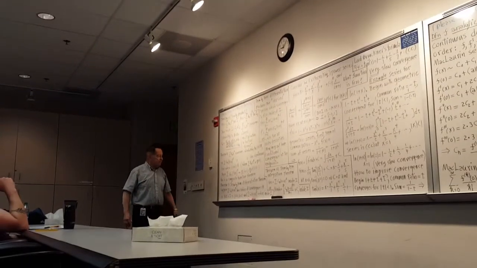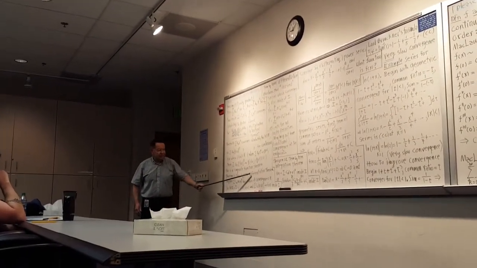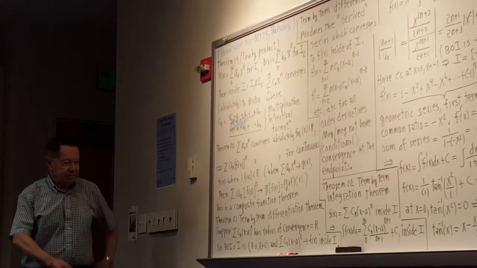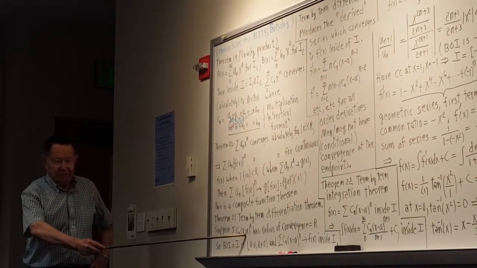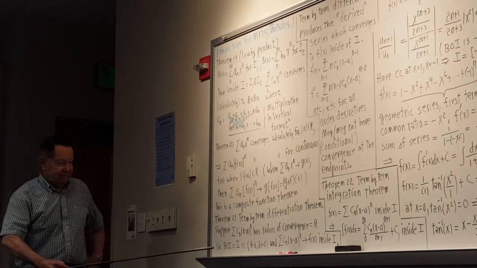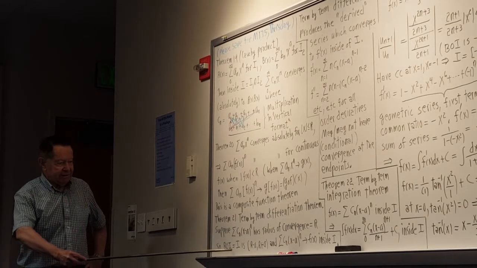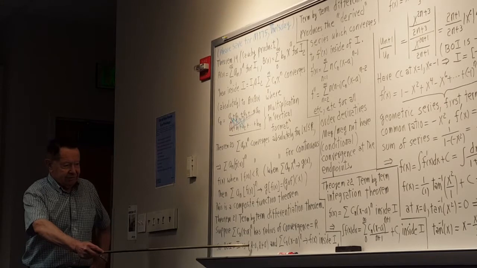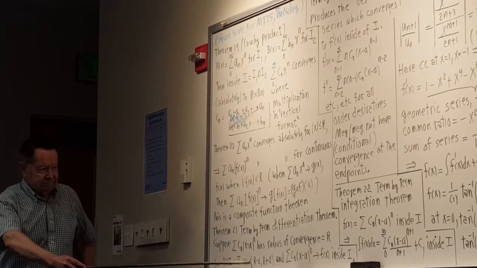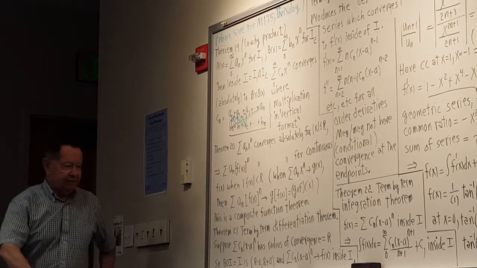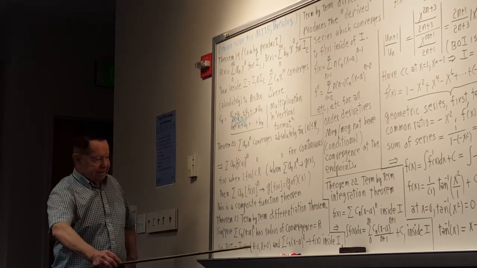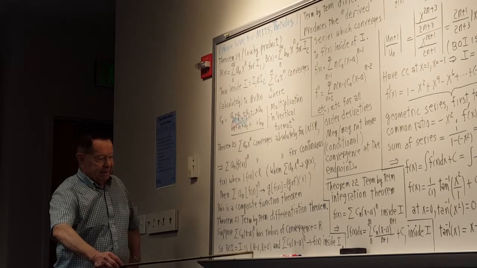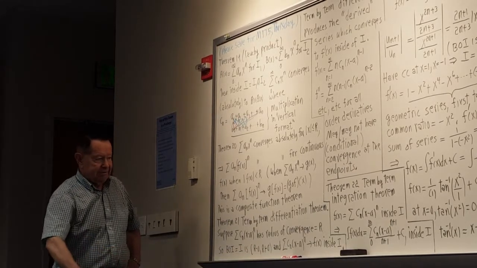Then we have theorem 21 for term-by-term differentiation. So, for example, this is a Taylor series if it's powers of x minus a, and you have some basic open interval, which would be, if r is the radius of convergence, from a minus r to a plus r.